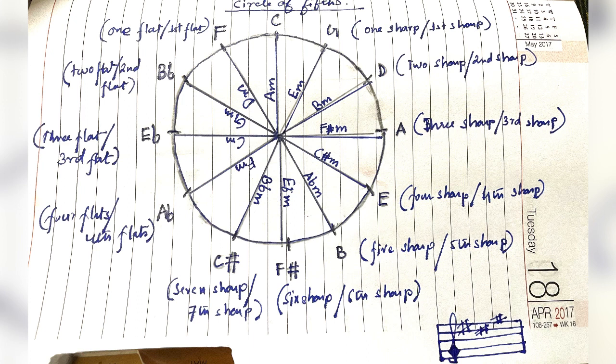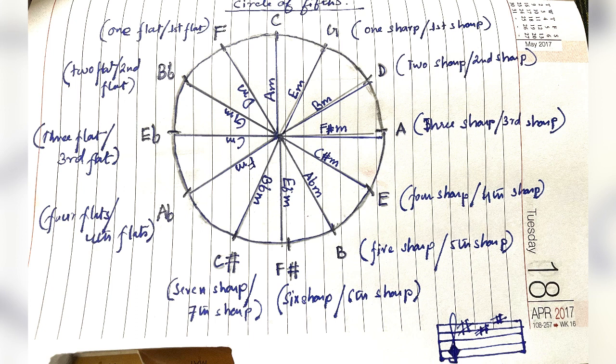If your concept is clear, you can write all the 12 scales with the circle of fifths rules. First you write the C scale, then the G scale, then the D major scale, then the A major scale, then the E major scale, then the B major scale. You follow the circle of fifths and complete the major scales writing.